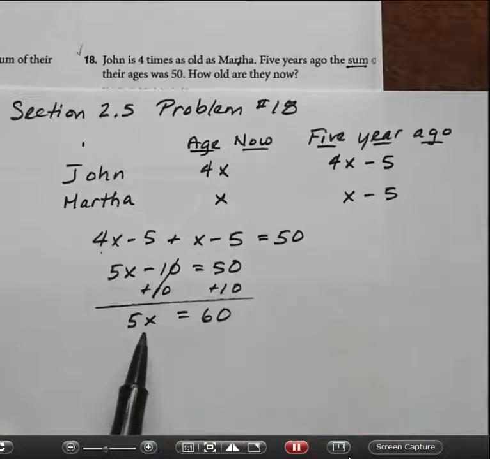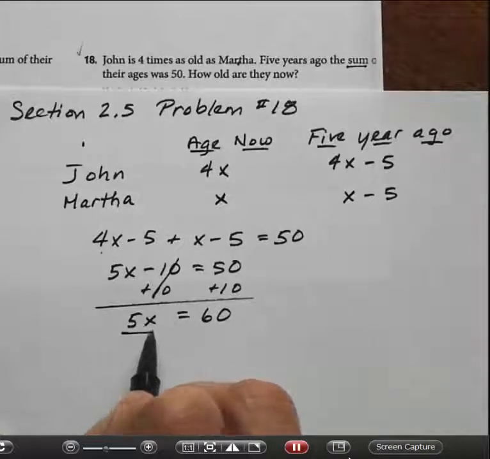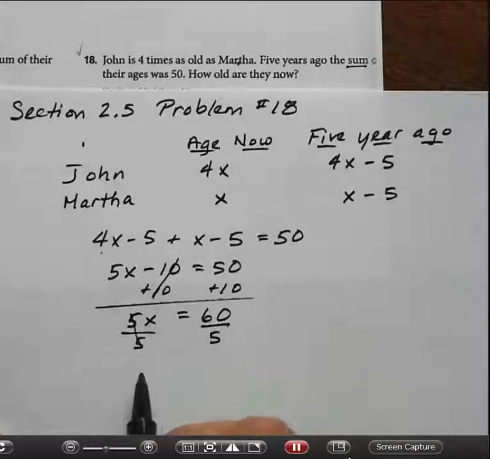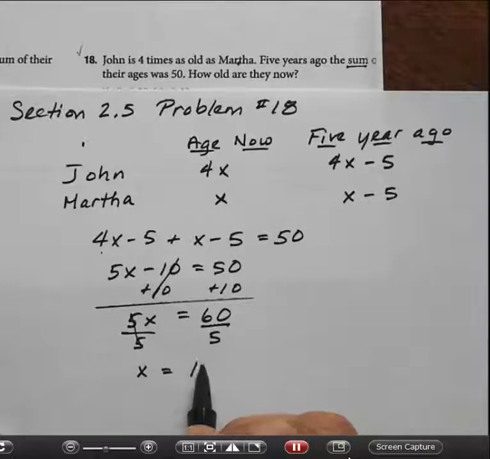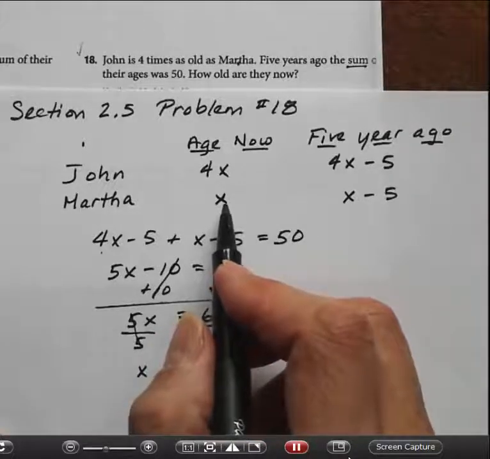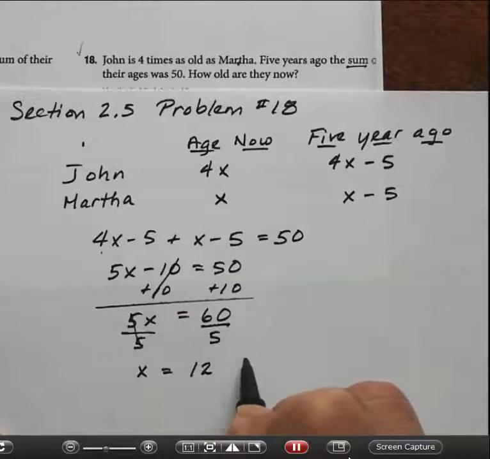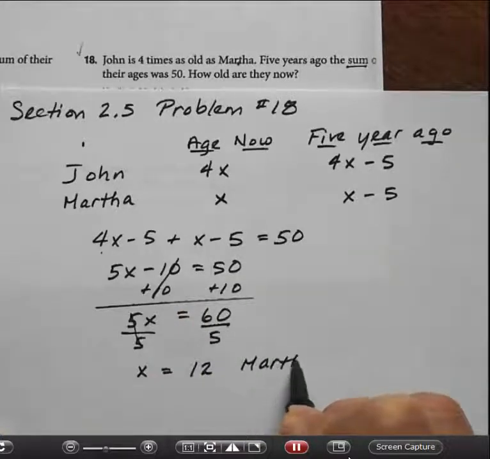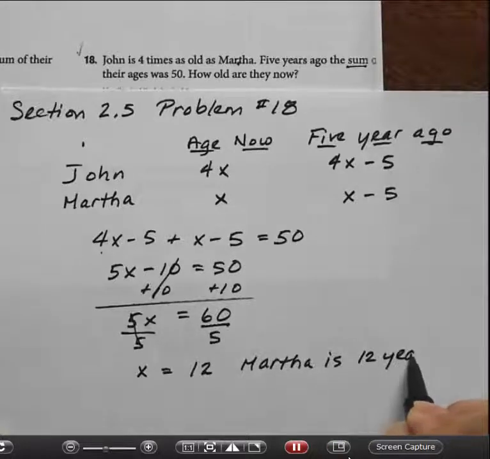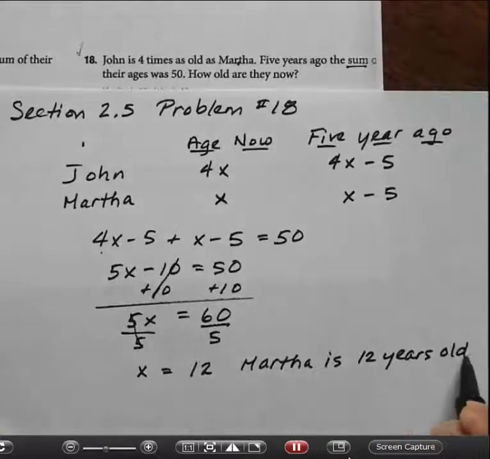Now I'm going to get the x by itself. I'm going to divide both sides by 5. When I do that, I end up with x equals 12. So that means x represents Martha in my chart. Martha is 12 years old now.